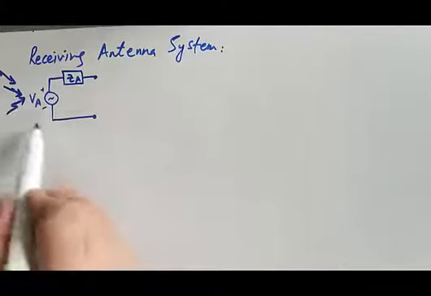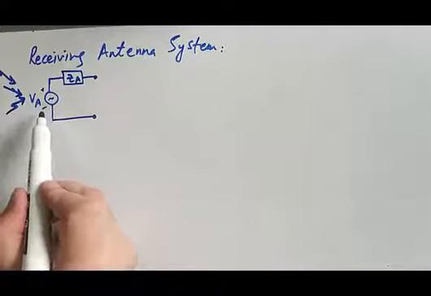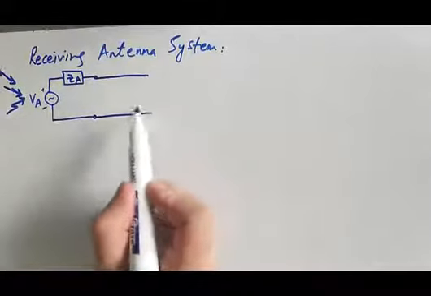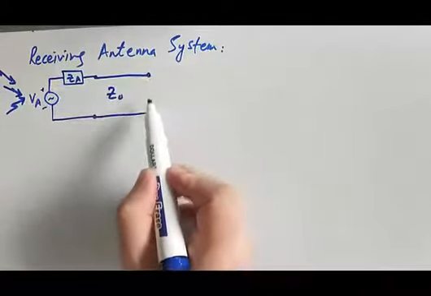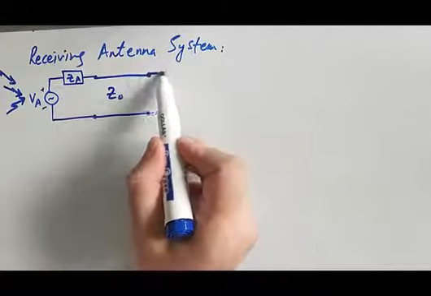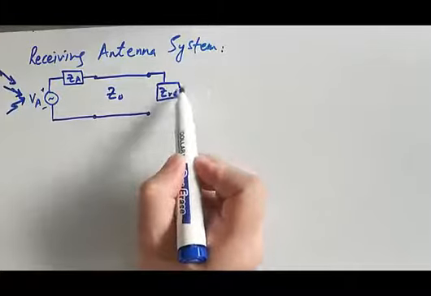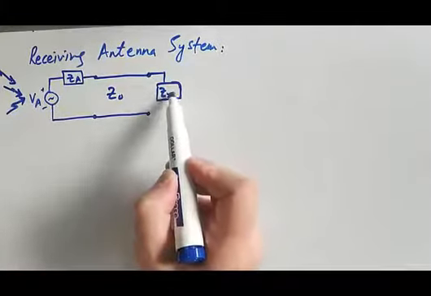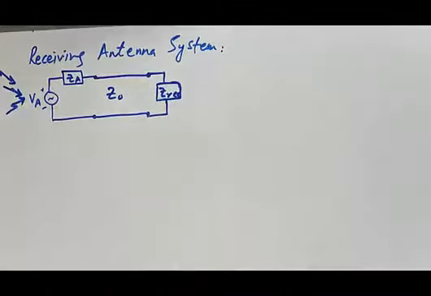Any electromagnetic wave first strikes the antenna, then goes through the transmission line with characteristic impedance Z0, for example, and then gets to the load of the receiver. So I can say ZREC, where REC means that we are considering the antenna receiver.